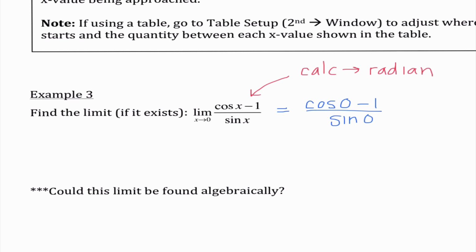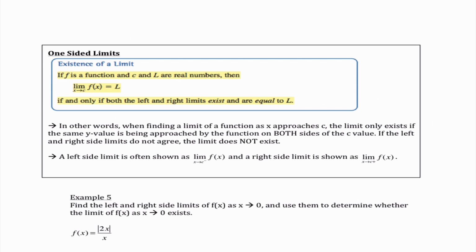I know that the cosine of 0 is 1, so I get 1 minus 1, and the sine of 0 is 0, so I get 0 over 0, which causes a problem. Okay, so our answer is no, we cannot find this algebraically because it gives us that 0 over 0, the indeterminate form. So I'm going to transition now into my calculator and see what that shows us.